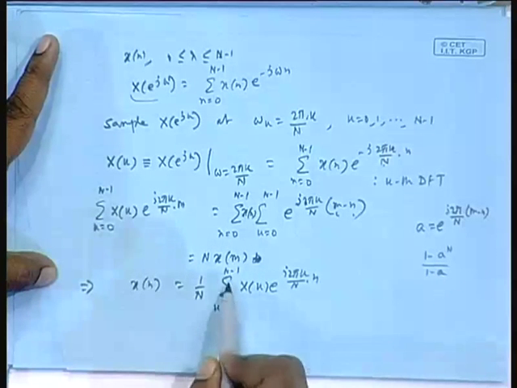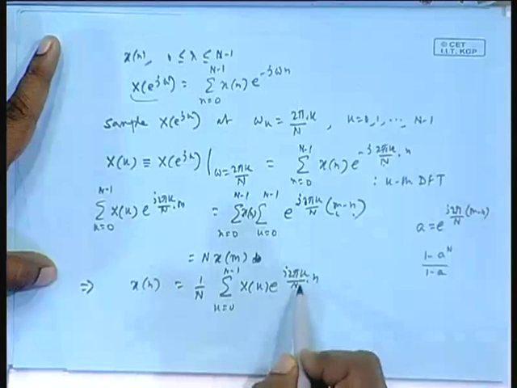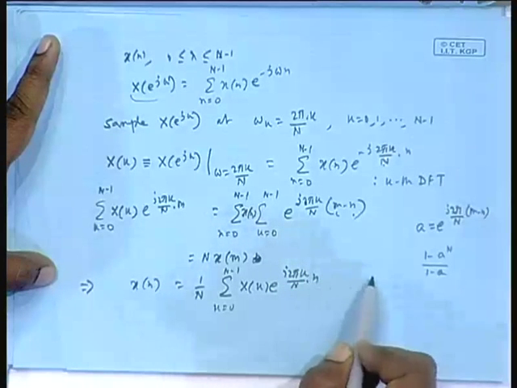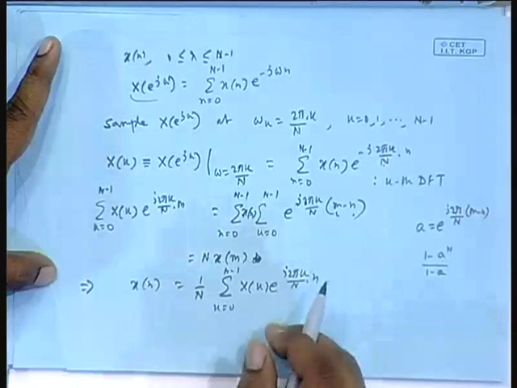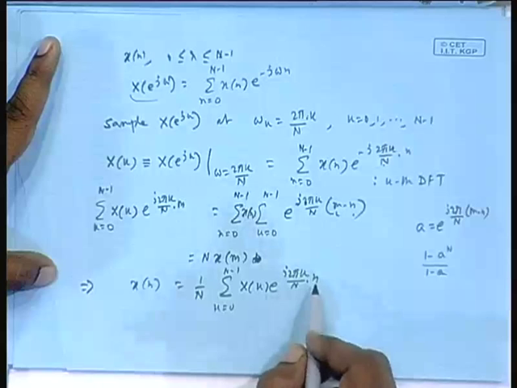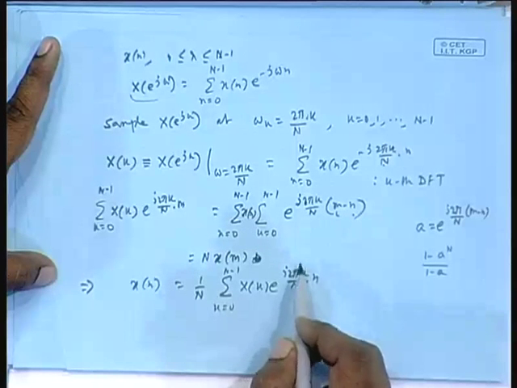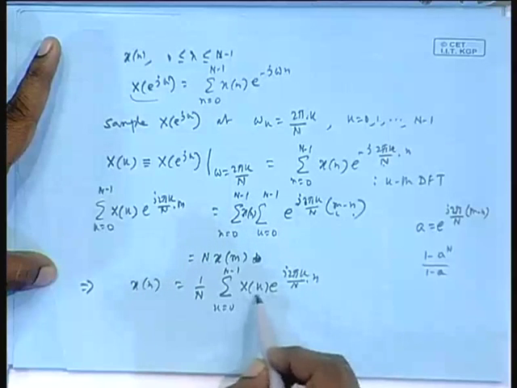For each k, this is the signal, I call it a carrier or a basis function. For each k here, this is a sequence, n takes various values, a sequence from 0 to n minus 1. K equal to 0 you can view as though it is a DC, K equal to 1 fundamental, K equal to 2 first harmonic, like that. So various sequences are multiplied by some coefficients and added.